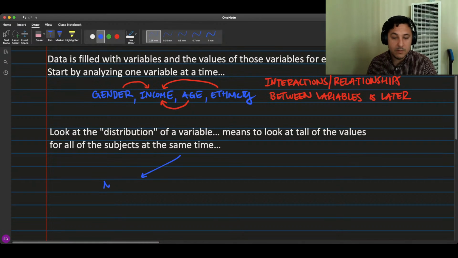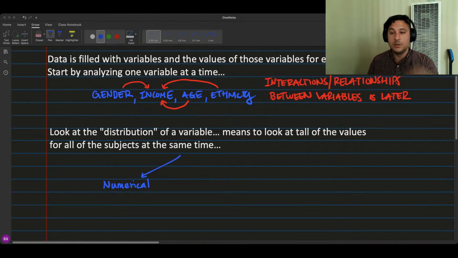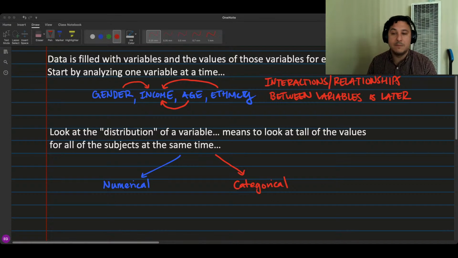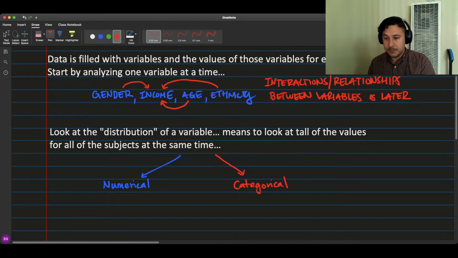If you're dealing with a numerical variable, there are certain things you're going to have to do to look at its distribution, and that will be completely different than if you're looking at a categorical variable. Which is why we have these two different types. You're going to deal with them in completely different ways, so it's important to understand the difference between them. Looking at the distribution of a numerical variable is completely different than looking at the distribution of a categorical variable.